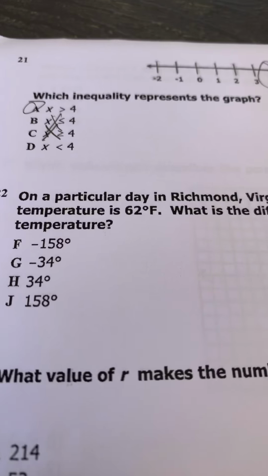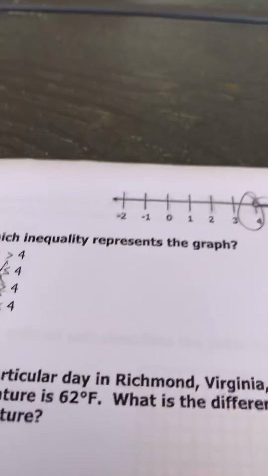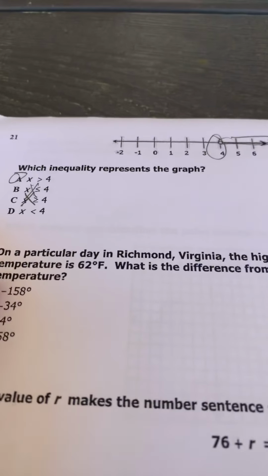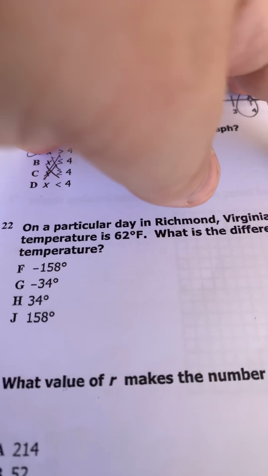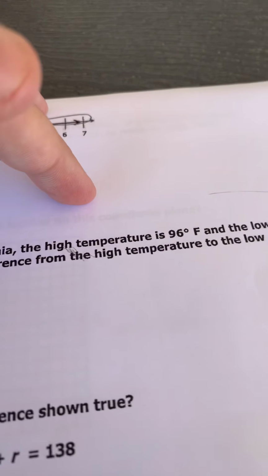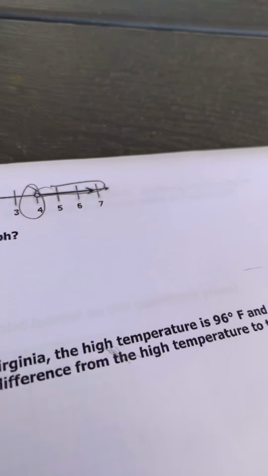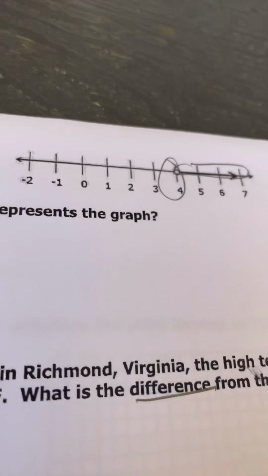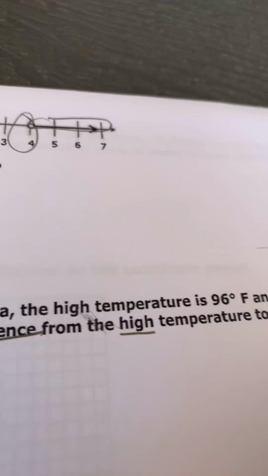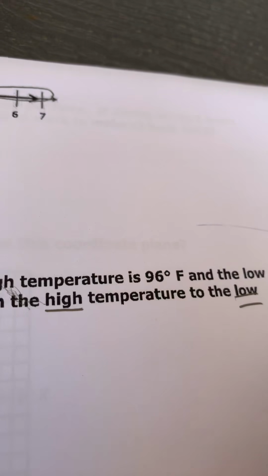Alright, 22. This was a bad idea, but we're going to make it. On a particular day in Richmond, Virginia, the high temperature is 96 degrees and the low temperature is 62 degrees. What is the difference between the high to the low? Key word is difference. So I'm going to go high to the low.